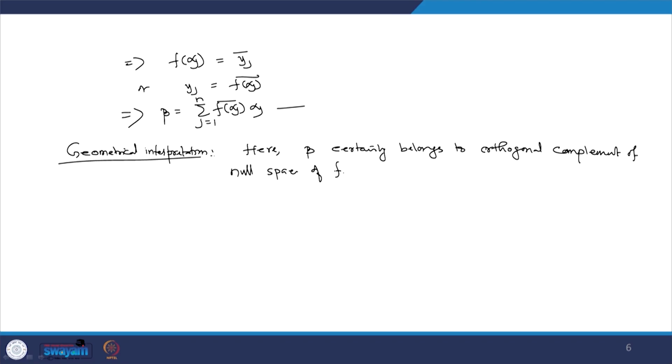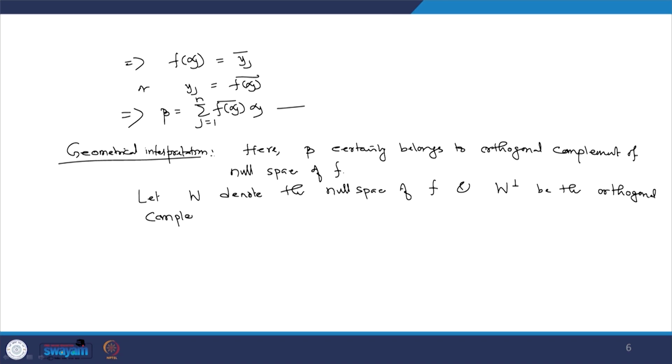What is the meaning of that one, please? So, let W denote the null space of F and W complement the orthogonal complement of W. I mean to say any element alpha belongs to W and beta belongs to W complement, they have to be orthogonal to each other.